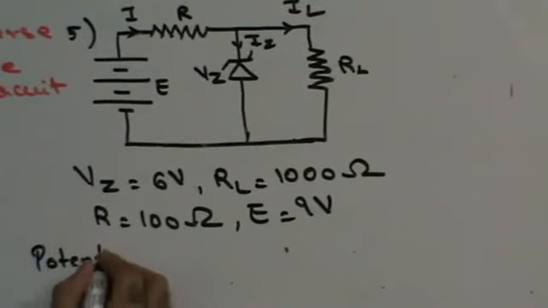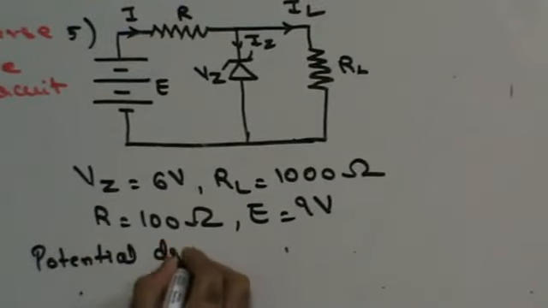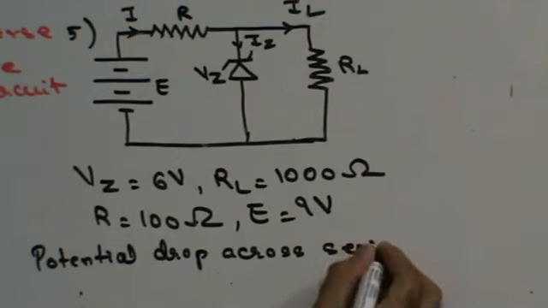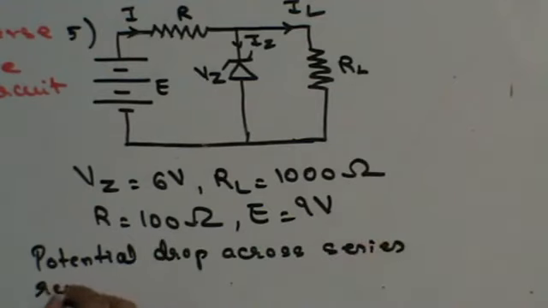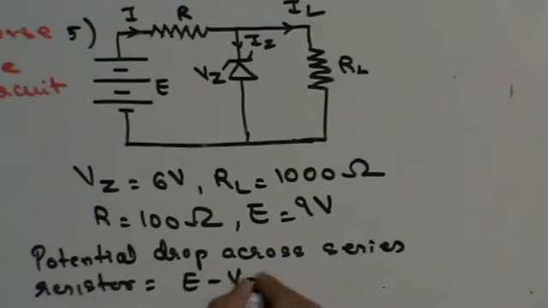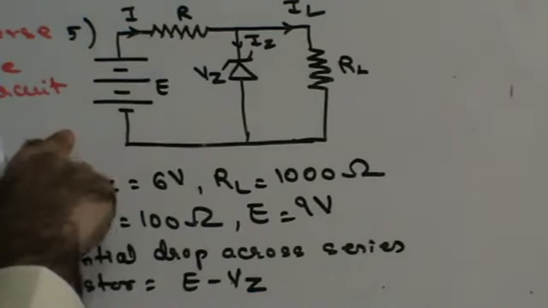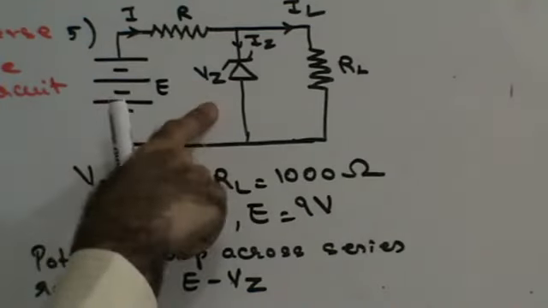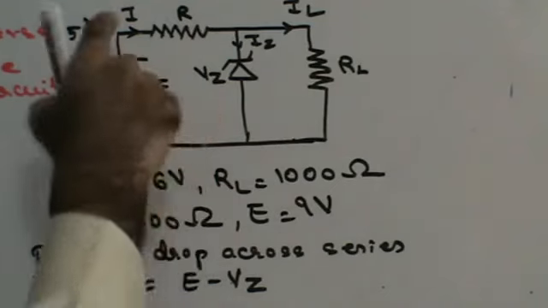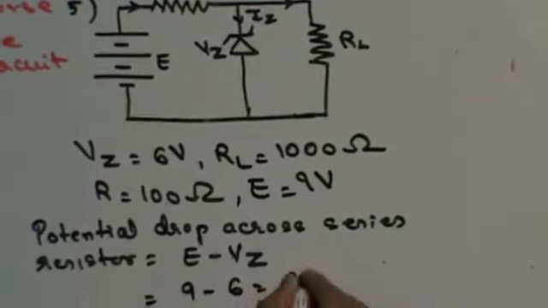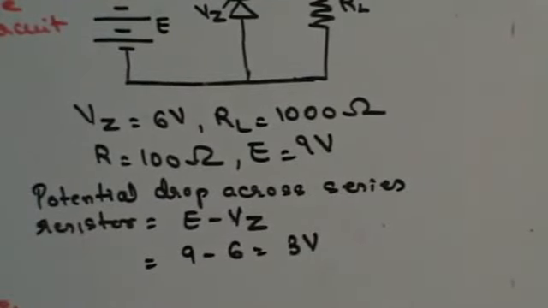The potential drop across the series resistor is going to be nothing but E minus Vz. Guys, see this: total potential supplied is 9 volts, out of which 6 volts is being used by the Zener diode. That means how much will be used by the external resistance? 3 volts, right? That is my potential drop across the external resistance.